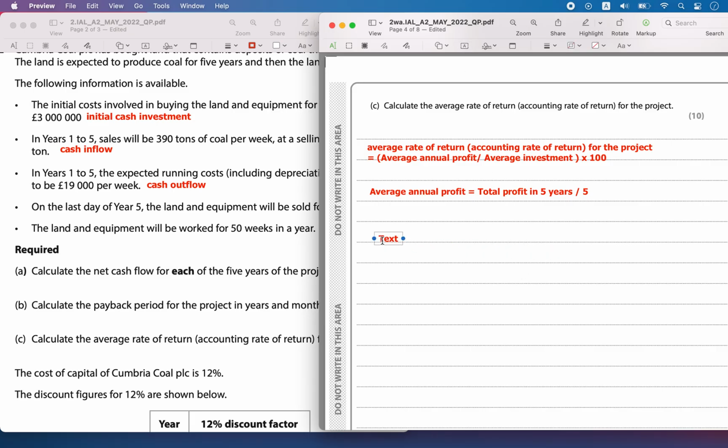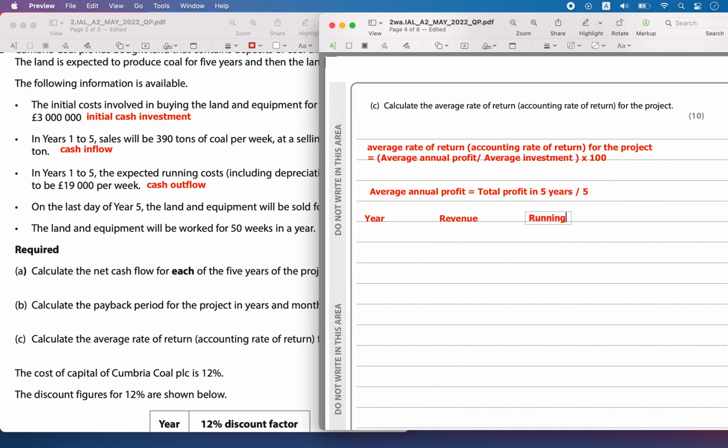This is done because the profit might vary in certain cases each year, so you take the average annual profit. Now let's calculate the average annual profit and average investment, and then find the average rate of return.